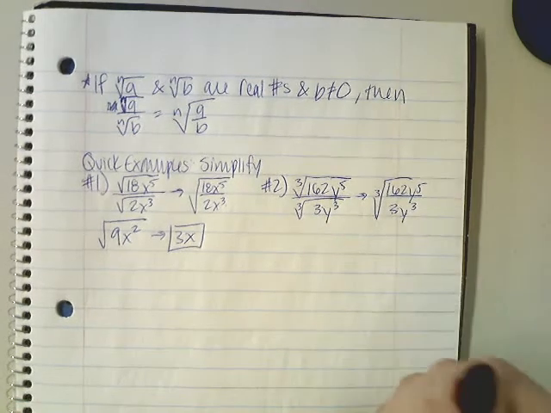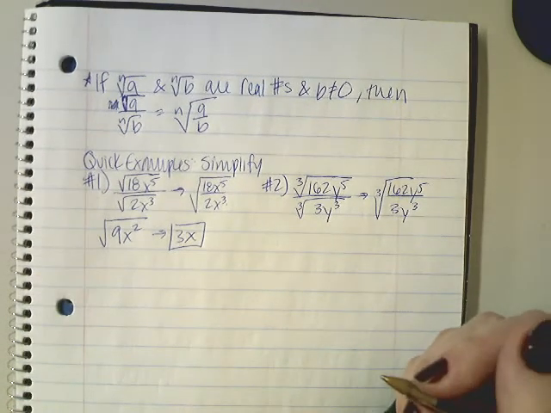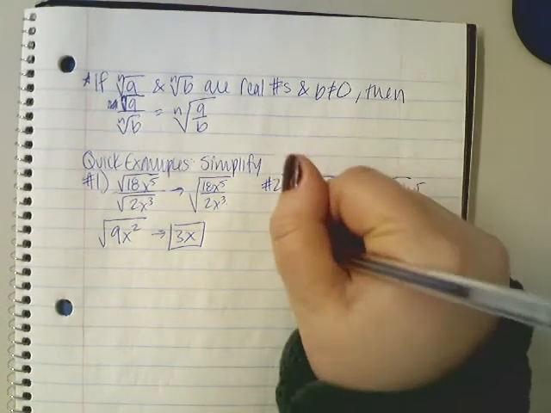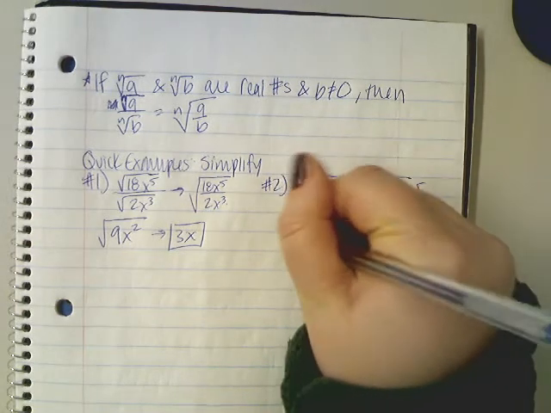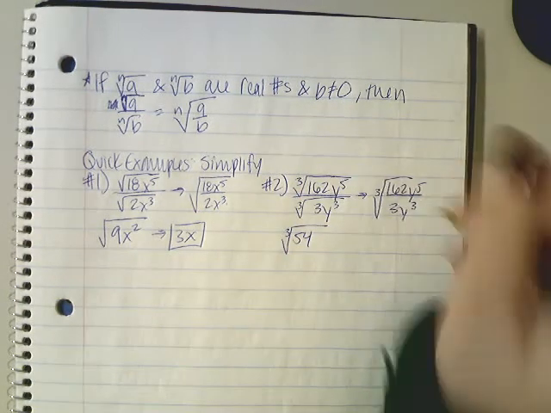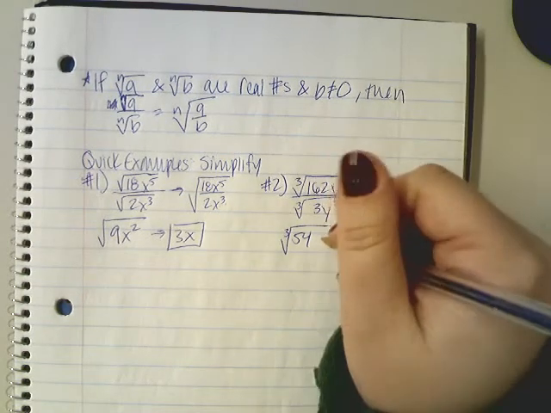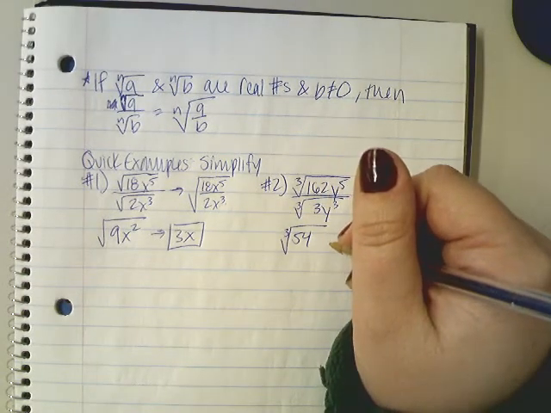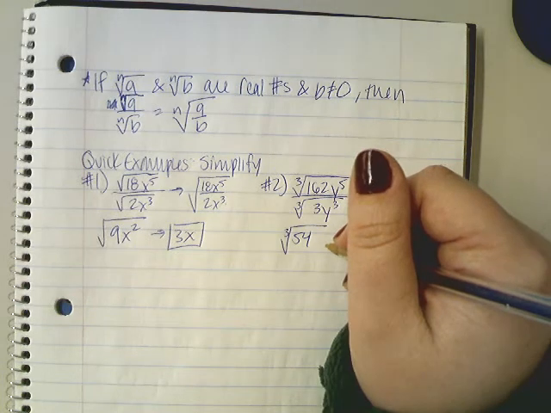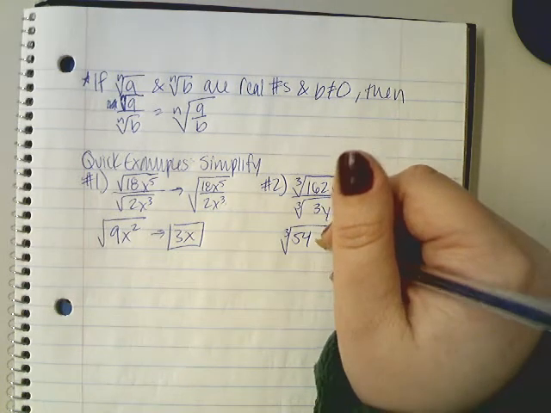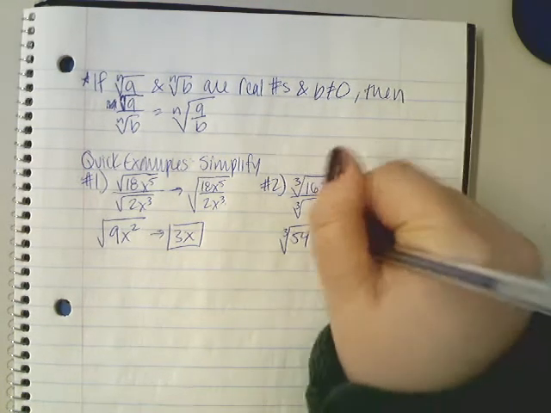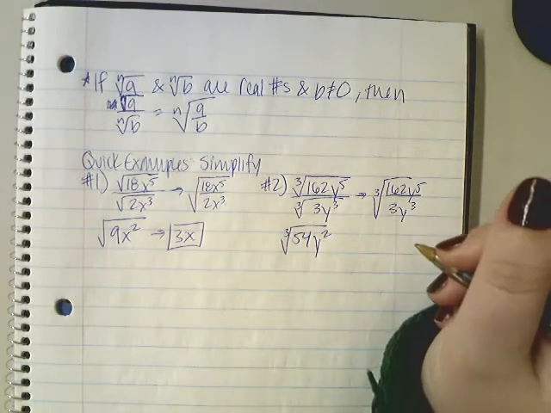I'm again going to simplify it. 162 divided by 3 is going to give me 54. Y to the 5th divided by y cubed, I subtract their exponents, and I get y squared. Sorry about that.